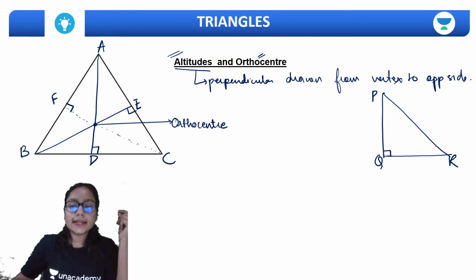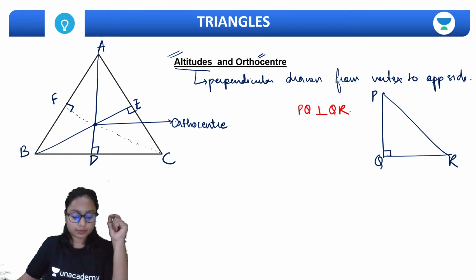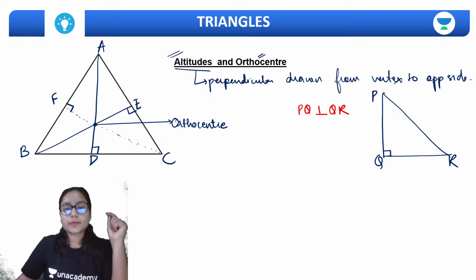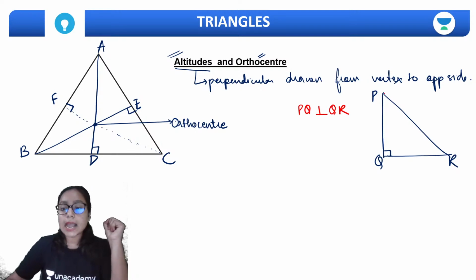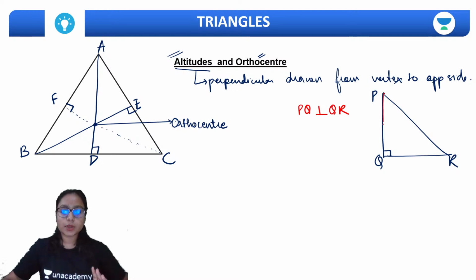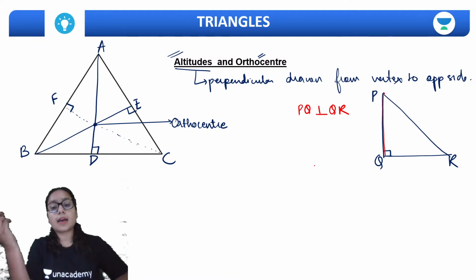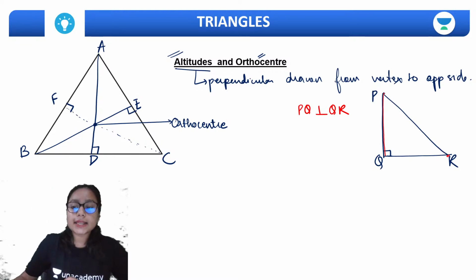So let us take this right angle triangle PQR. Then can I say that PQ is perpendicular to QR? Okay. So the altitude from point P to QR is PQ. Right, this is one altitude. Now let us draw the altitude from point R. So what will be the opposite side of R?